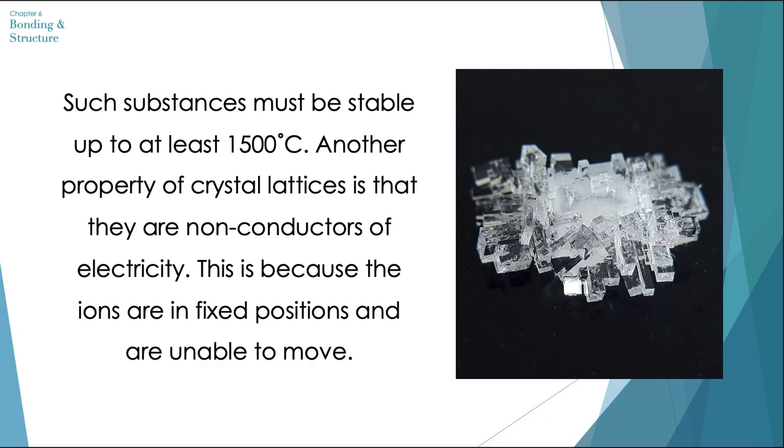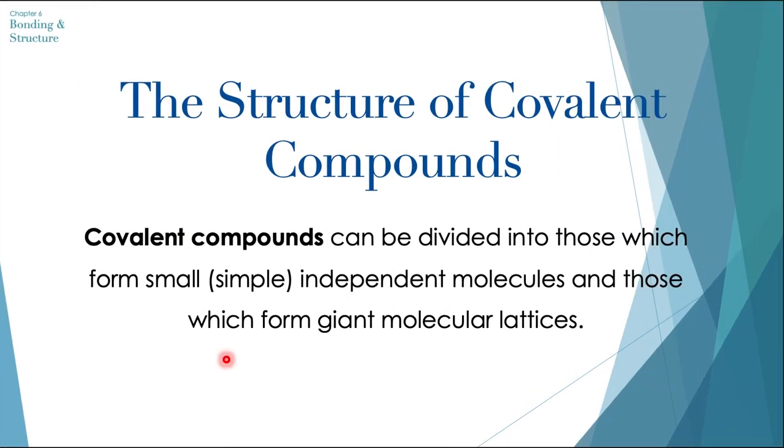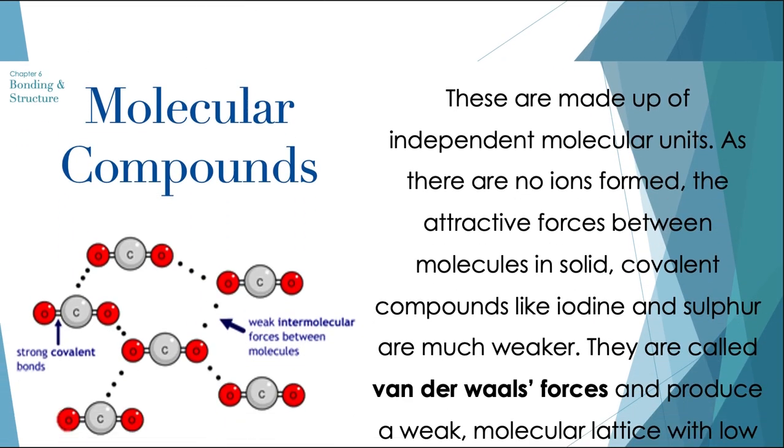Now, let's look at the structure of covalent compounds. Covalent compounds can be divided into those which form small, simple, independent molecules and those which form giant molecular lattices. First we're going to see the covalent compounds which form small, simple, independent molecules. These are molecular compounds.